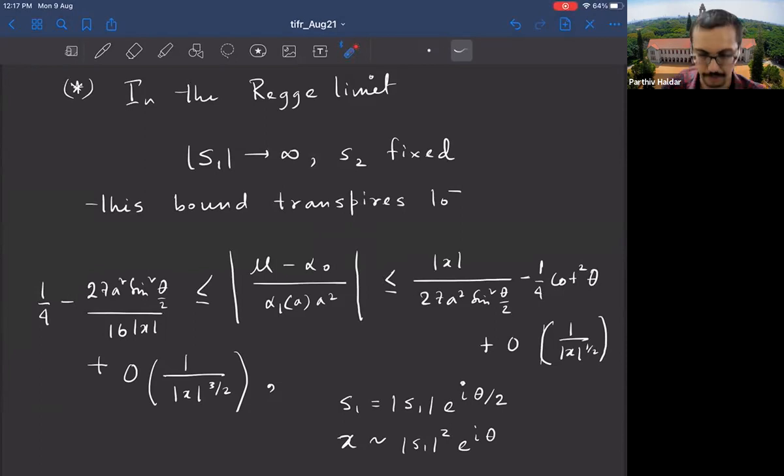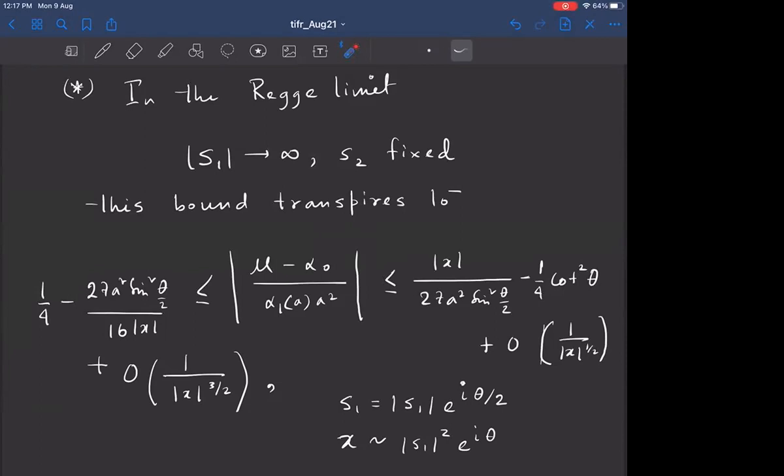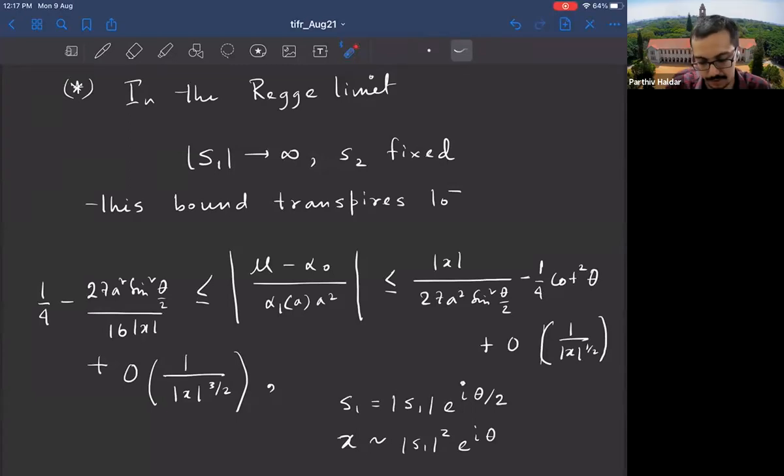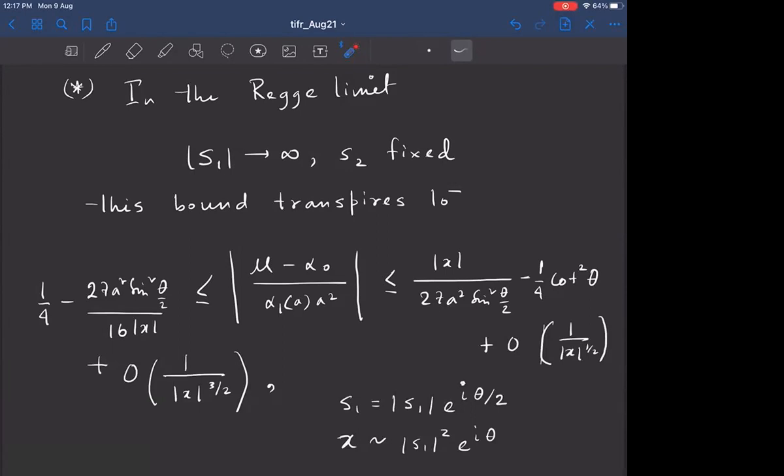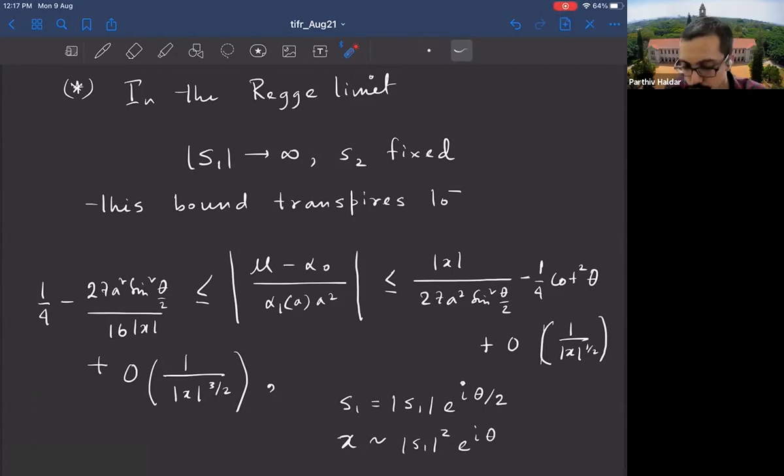Sorry, can I ask? You expect the upper bound, since you are considering quantum amplitudes, to be less than s square, right? Why is it less than s square? So you're asking why it is less than s square? I mean to say that it seems like you are not getting the Froissart bound.